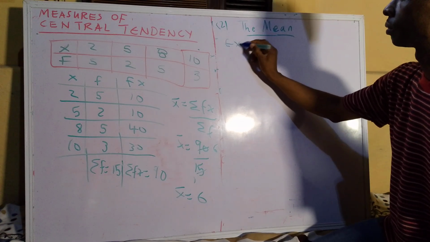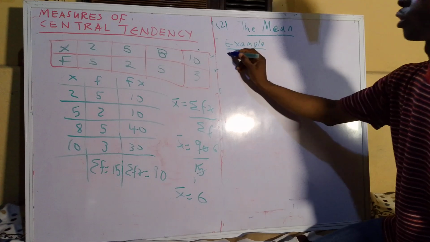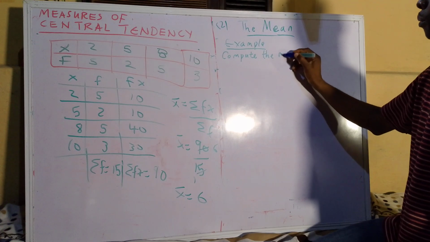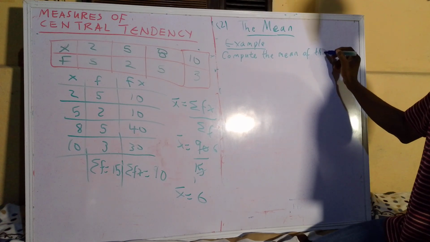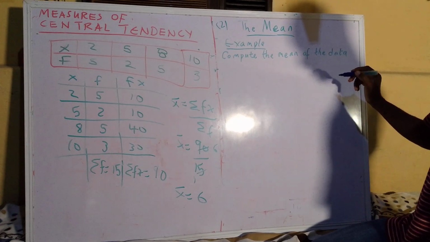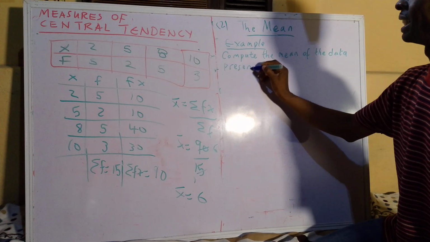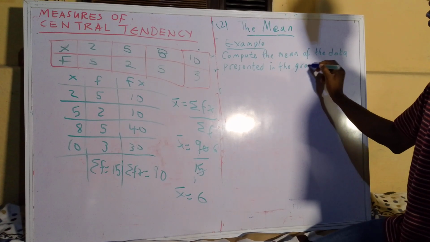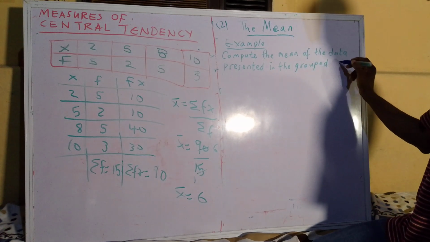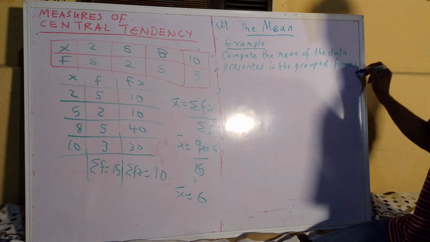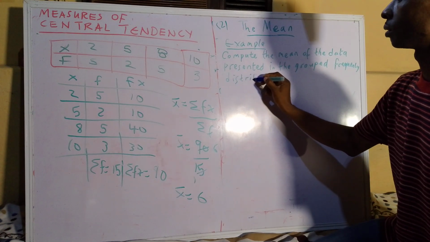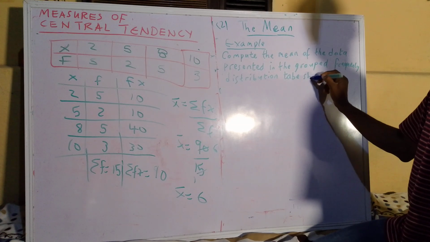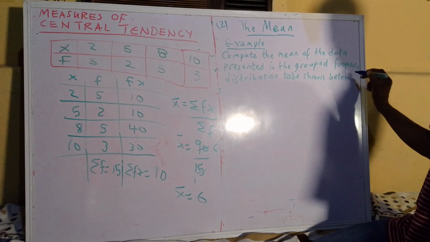Say, for example, compute the mean of the data presented in the grouped frequency distribution table shown below.